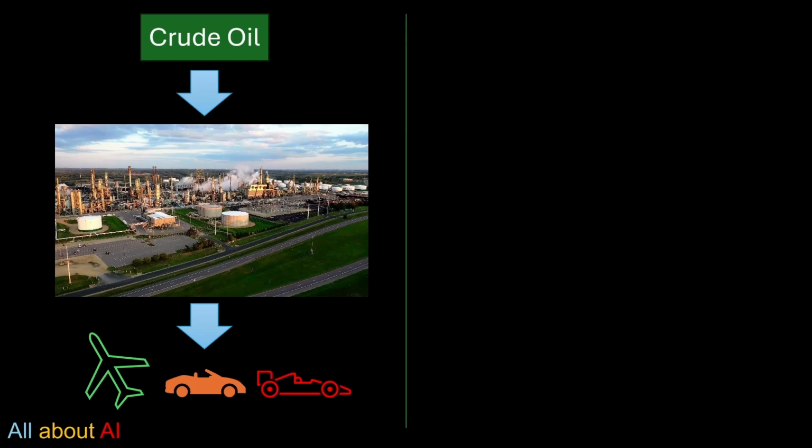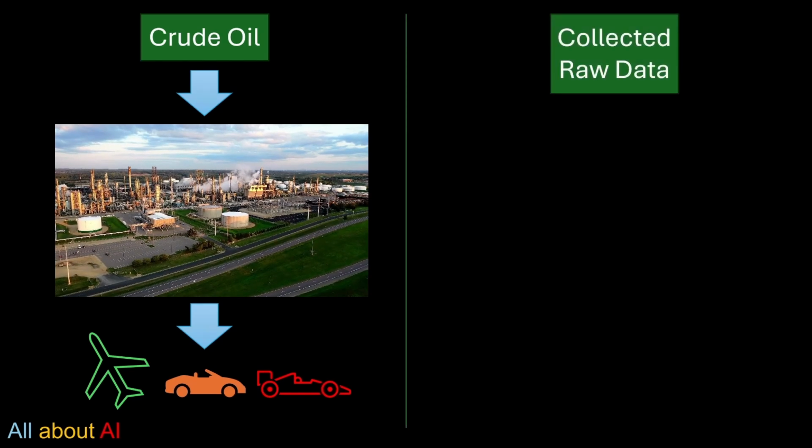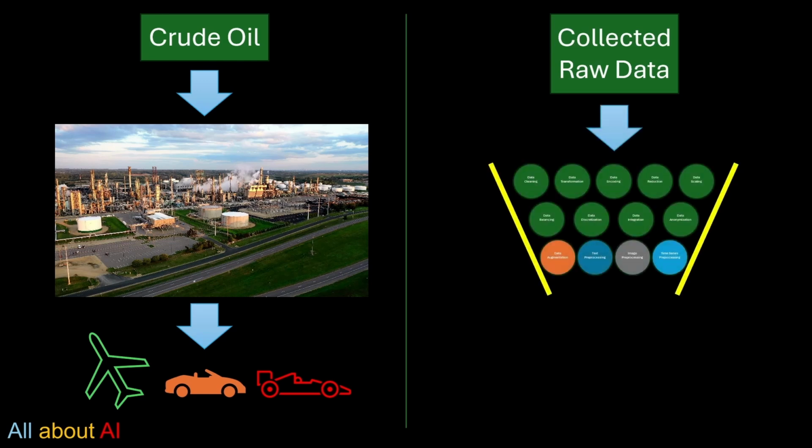Similarly, when we see the data, we collect raw data from various sources. Once this data is collected, it has to go through various pre-processing to remove various problems in the data to make it usable for the algorithm.